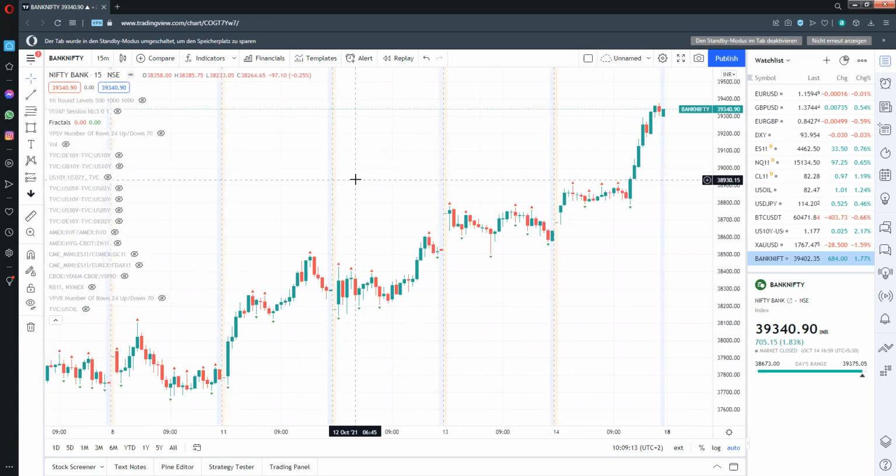So if the 13 of October is my balance area, you can see price then just dips down. Yeah. Yes, and it is below the 50. So how can I be sure that this is going to happen?